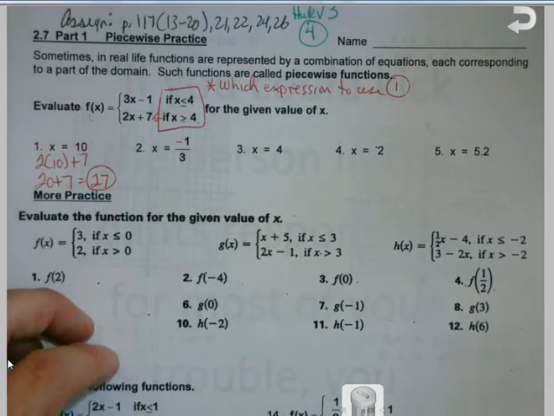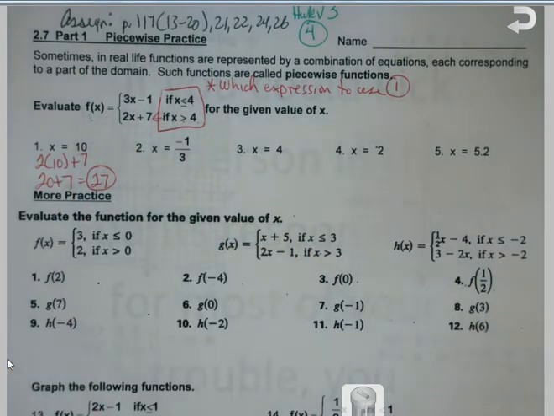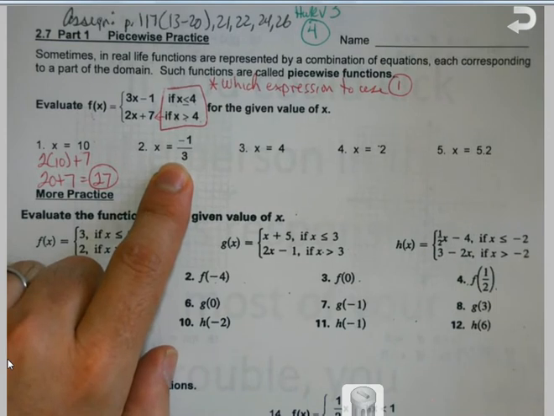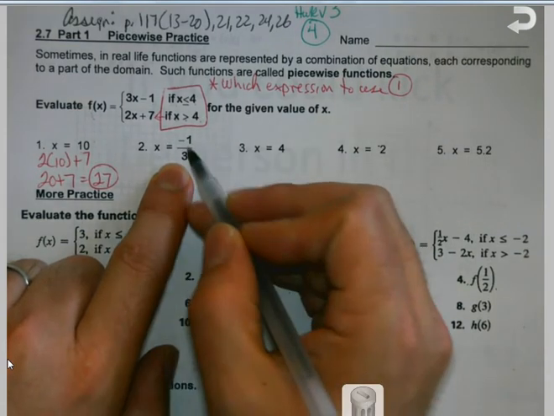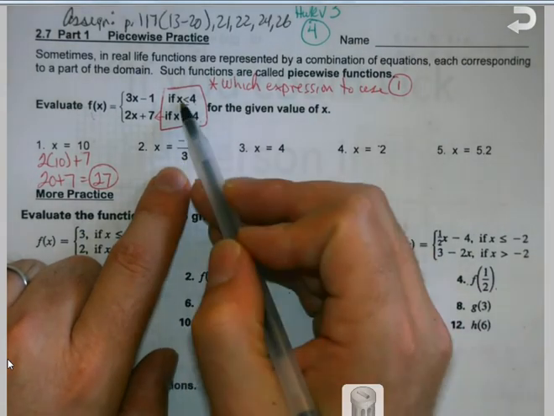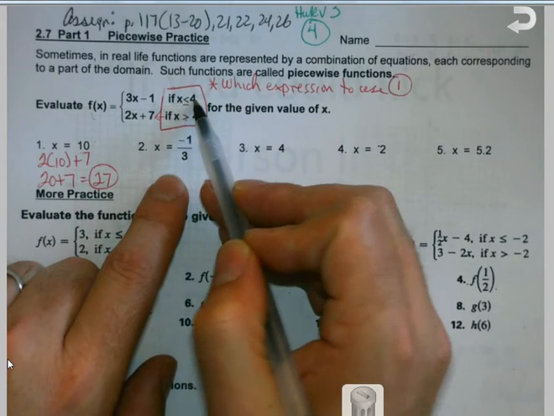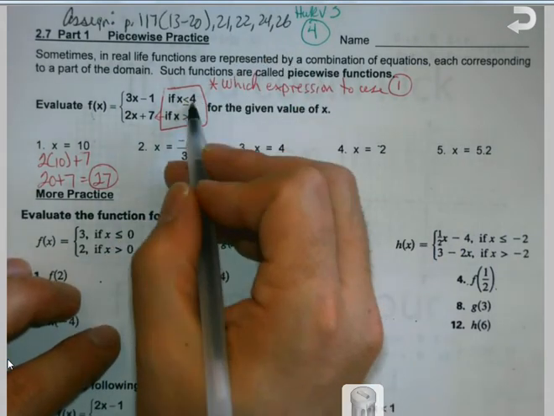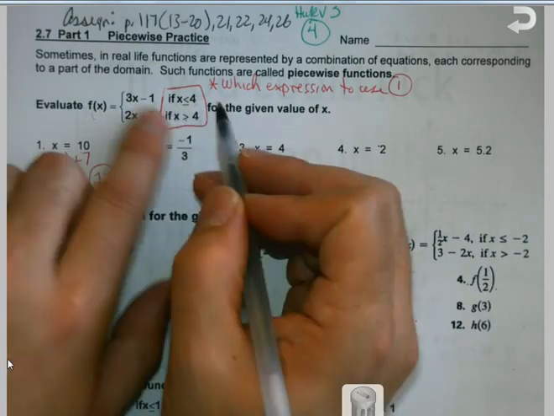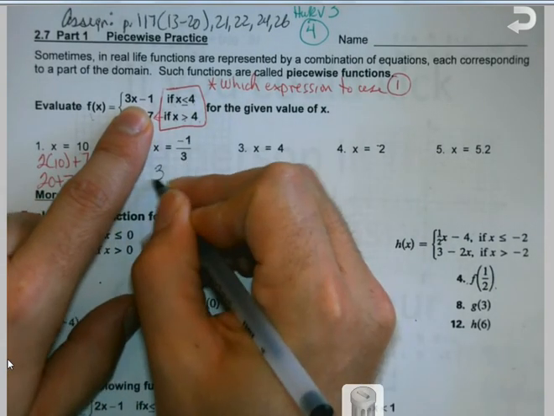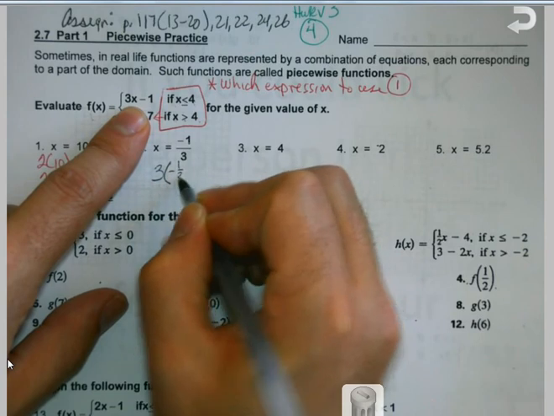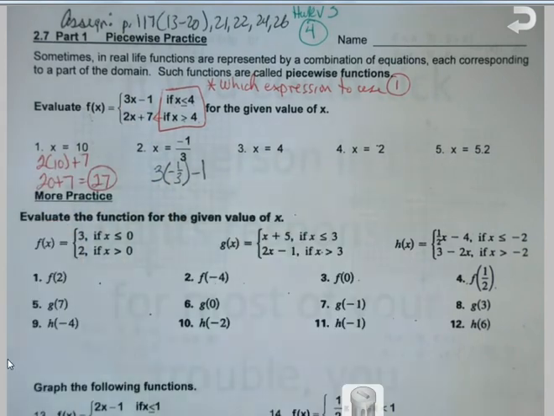So like, if we're doing it on this next one for number 2, I go, okay, negative 1/3. Is negative 1/3 less than or equal to 4? Yes. Okay. So this time, I'm going to use the top one. And the top one's expression is 3 times x, but that's negative 1/3 this time, minus 1.